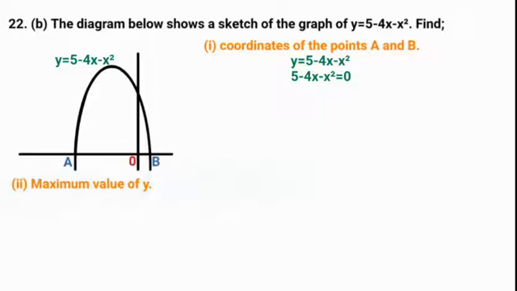So we're going to write 5, then the negative 4x expressed as two numbers. The numbers we can multiply to get negative 5x squared are negative 5 and positive 1, and if you add these, they give us negative 4.